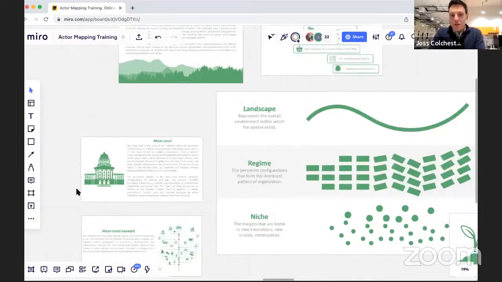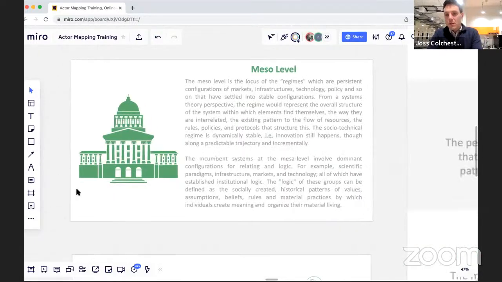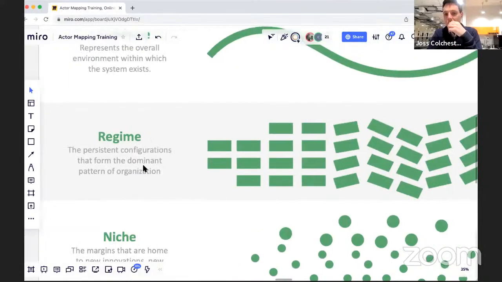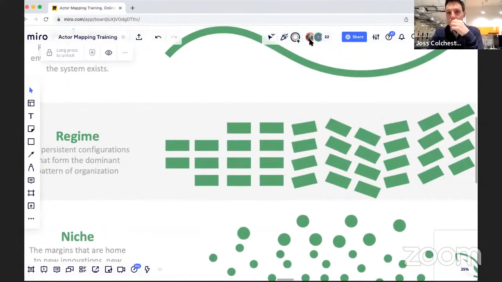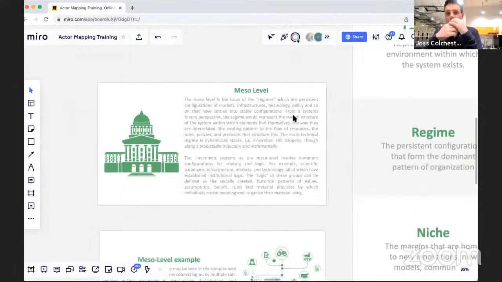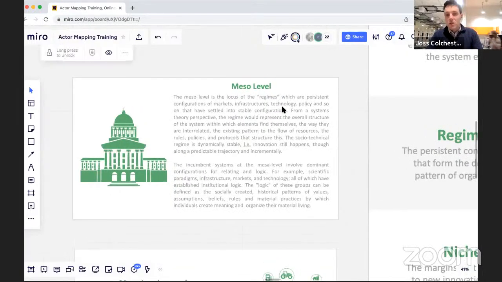Then on the meso level, persistent configurations that form the dominant pattern of organization in the system. So the meso level is the level of the regimes, which are persistent configurations of markets, infrastructure, technology, policy, and so on, that have settled into stable configurations.